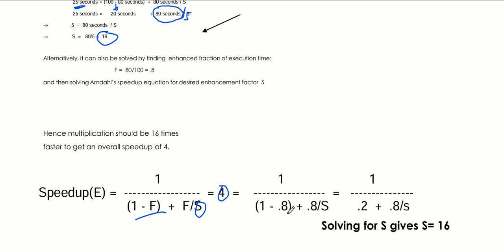Then we take the 0.8 which we are improving, over s. So when you solve 1 over (0.2 plus 0.8 over s) equals 4 for s, you get s equal to 16. And that's that for Amdahl's law.